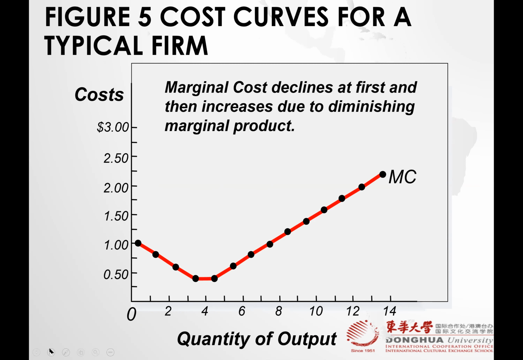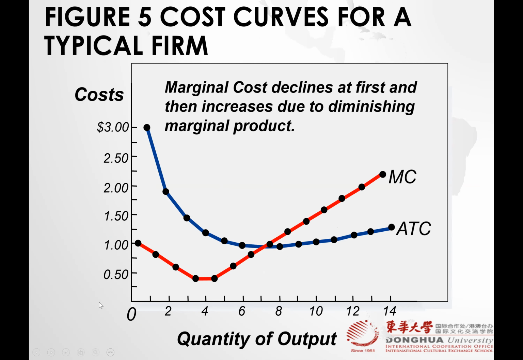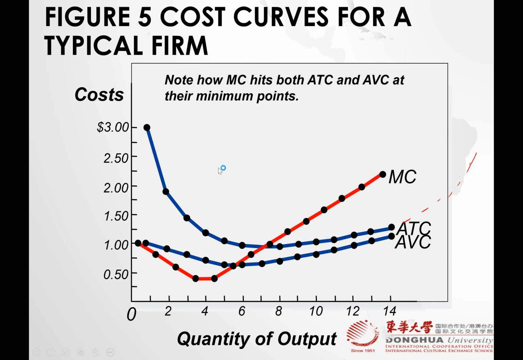So this is the MC. When we have more data, marginal cost declines first and then starts increasing. And average total cost curve is a U shape. If we have more points here, it will be like going like this. And then we have average variable cost, which is also lower than the average total cost.